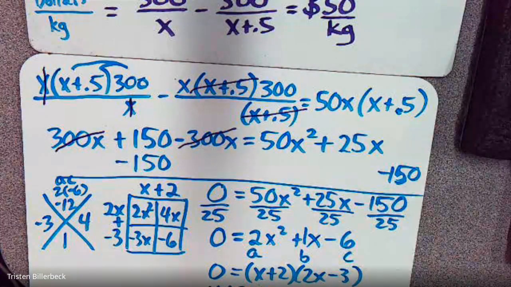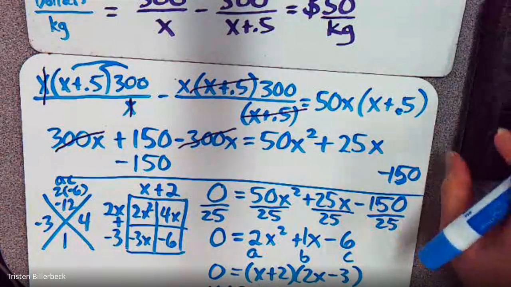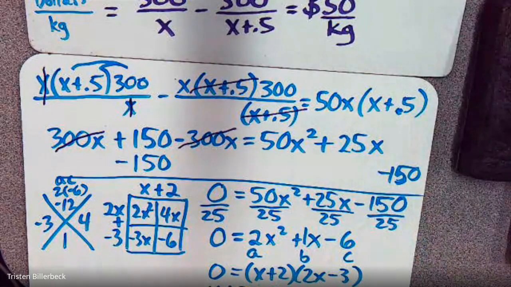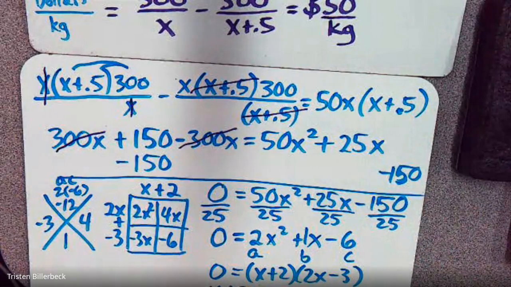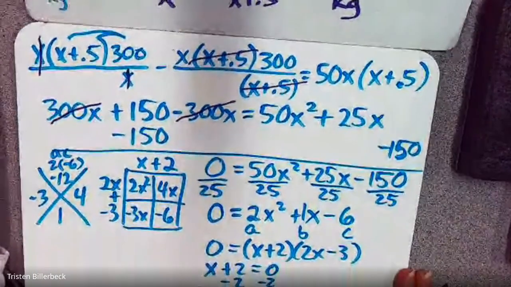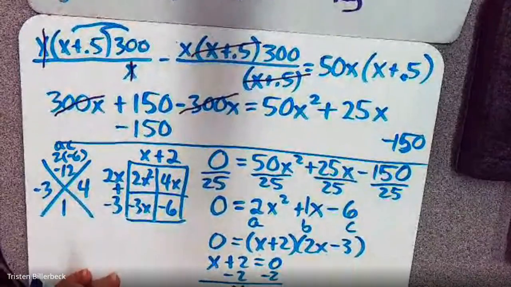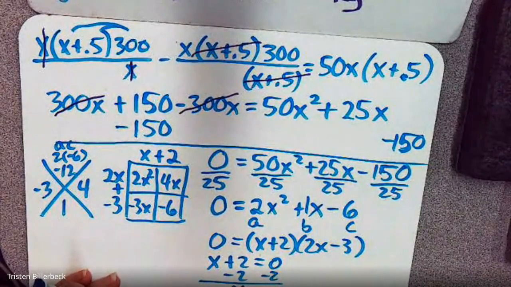Hold on there. Can we have a negative weight? Can something weigh a negative kilogram? I don't think so. I think this is a bogus answer, so we are going to write extraneous. That's the fancy math word for bogus.